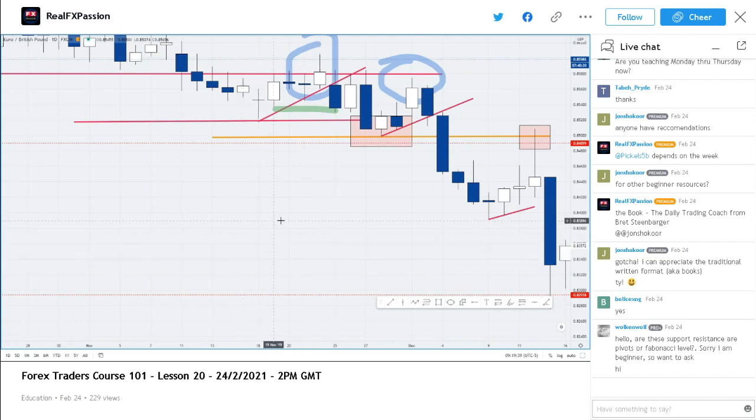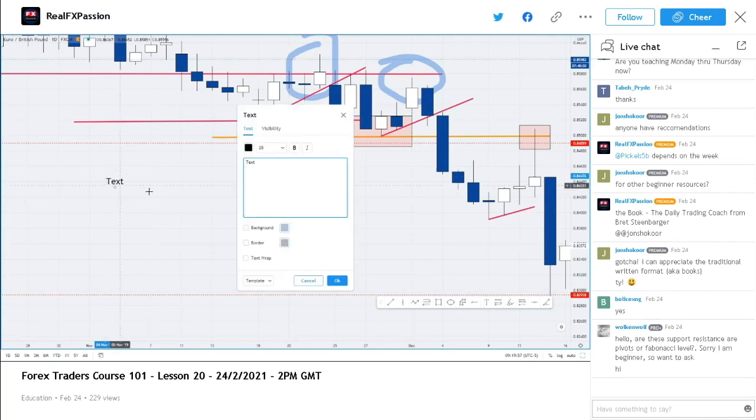So one more time, everybody, for the beginner trader. And if this is your first time with us, please go back to the recordings and watch the previous lessons, everybody. Okay, so what we are learning here is that the more reasons or convergences we have to enter the trade, the higher the probability.